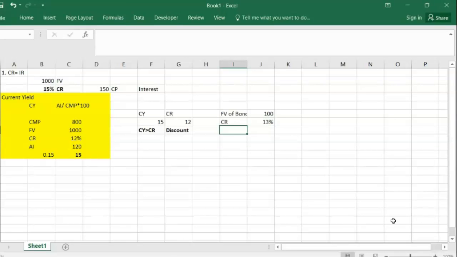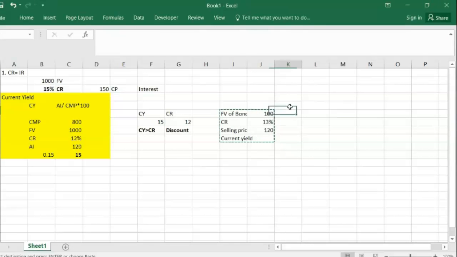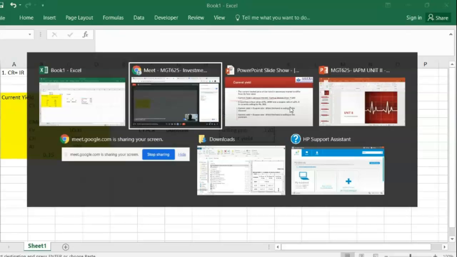The current selling price of the bond in the market is 120 rupees. You need to calculate the current yield. Make it fast, work out this problem, and report me the answer.